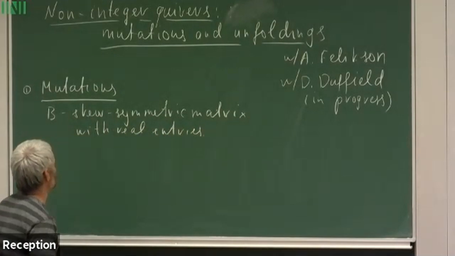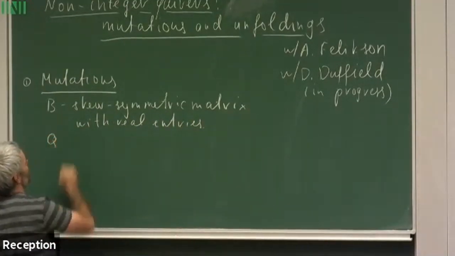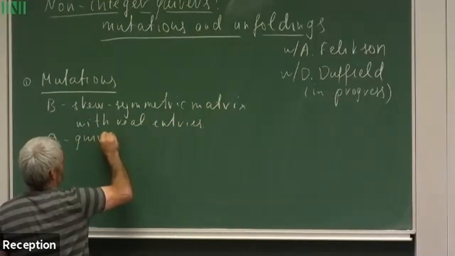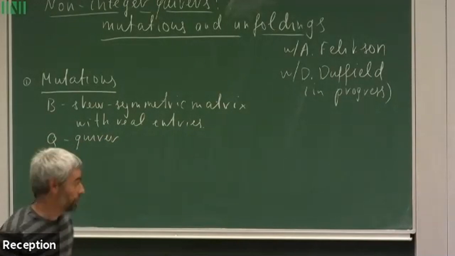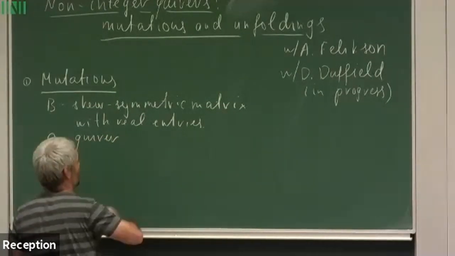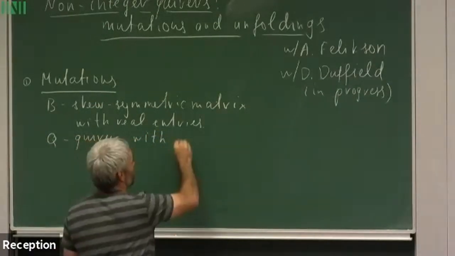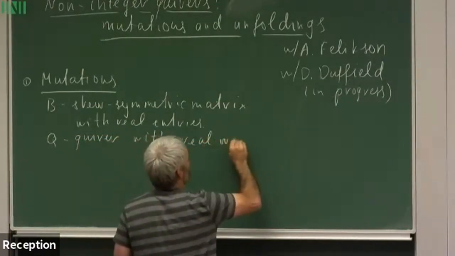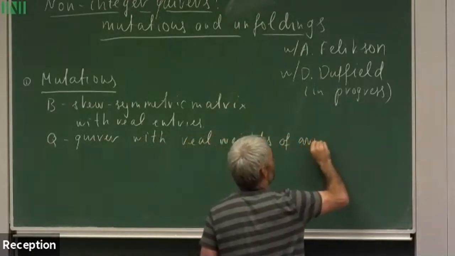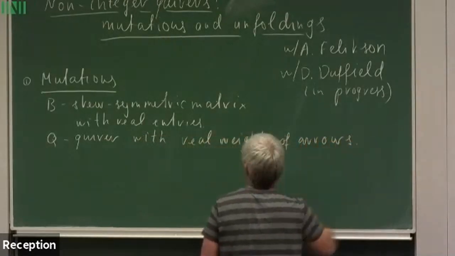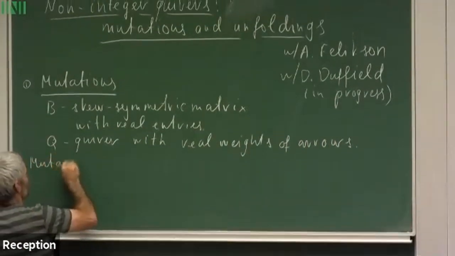And to such a matrix, I can associate a quiver Q, a usual quiver as it appears in cluster algebras, but it will have real weights of arrows. And mutation is defined as usual.